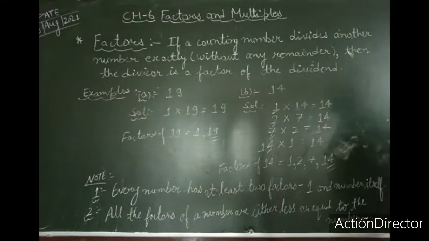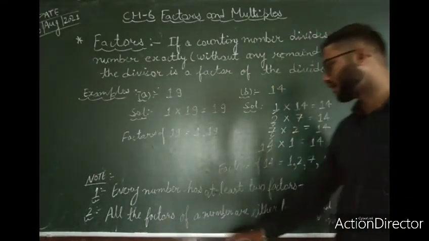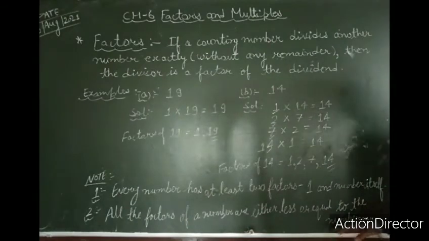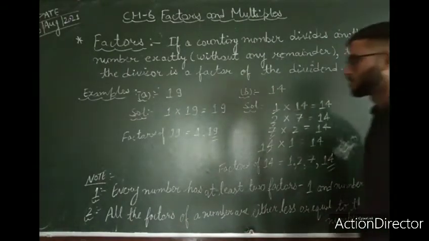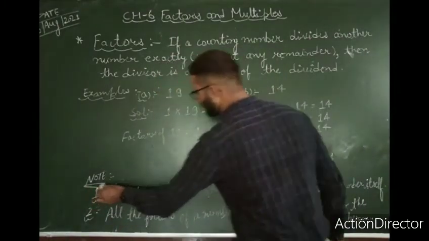Right? So the second point is all the factors of a number are either less or equal to the number. Okay? Here we remember this note here.